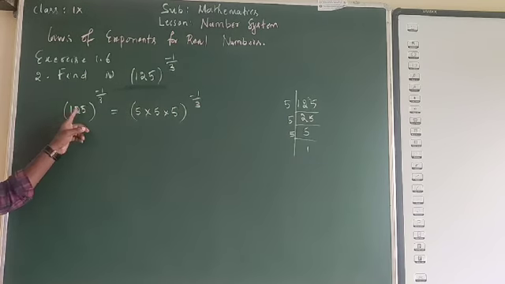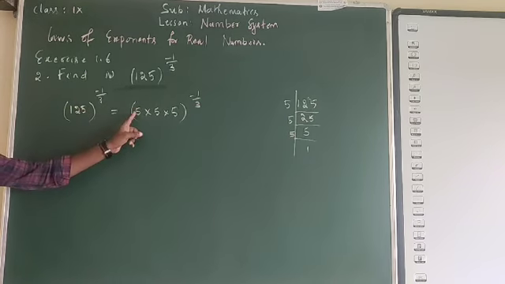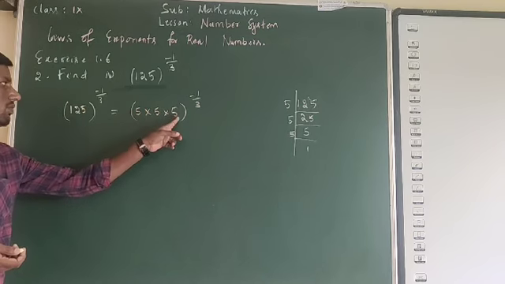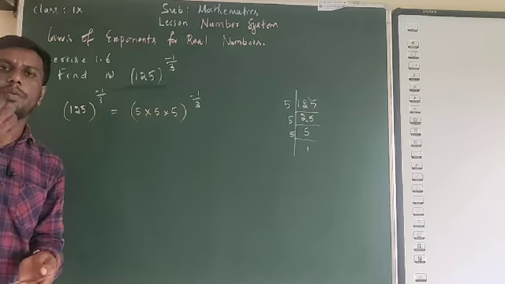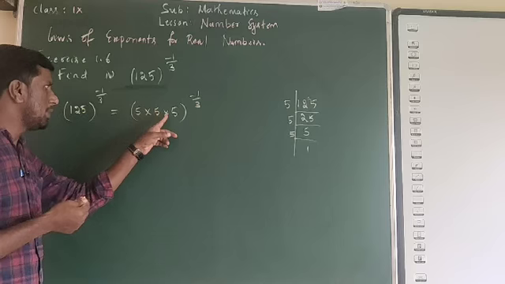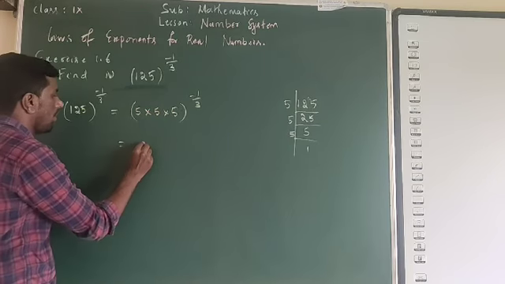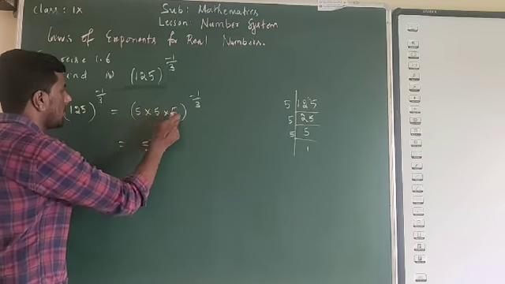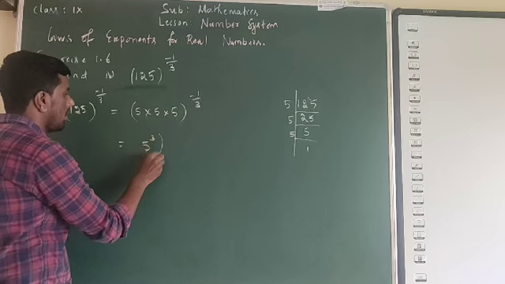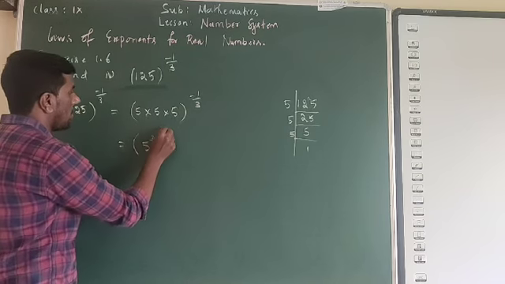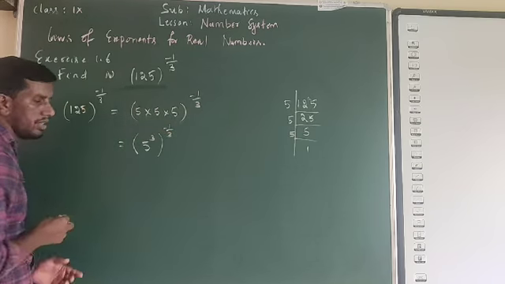That I can write as 5 to the power of how many times? Multiplied 3 times. So 5 to the power of 3. Here 5 is multiplied thrice. So what is the power? We will write it as it is, minus 1 by 3.